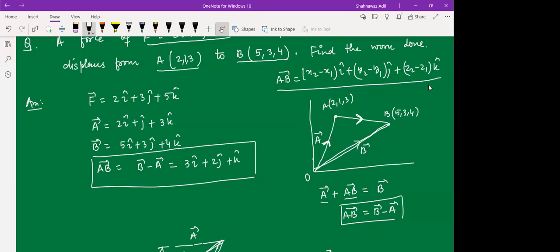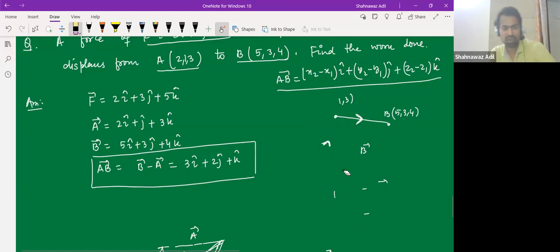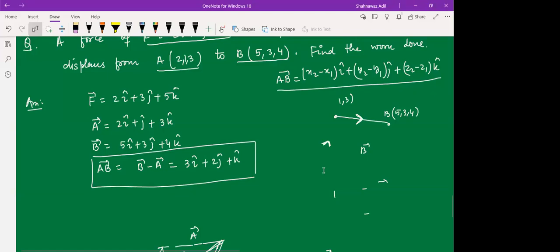Yes, sir. Okay, so you want to note it down, but this will confuse me, so you can note it down. Sir, I got force as 17 joules. 17 joules. Okay.